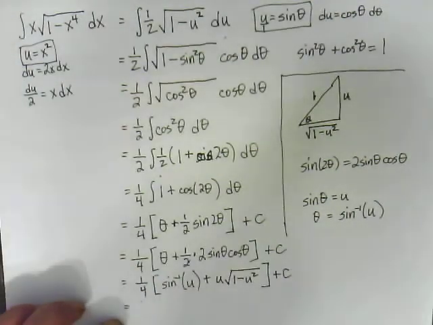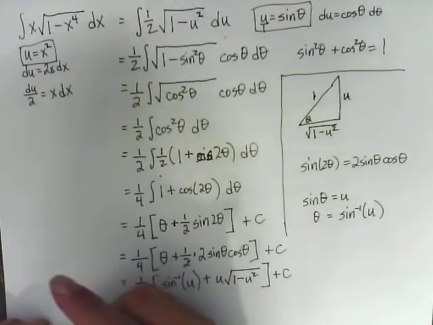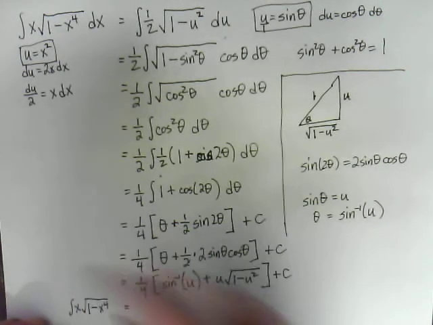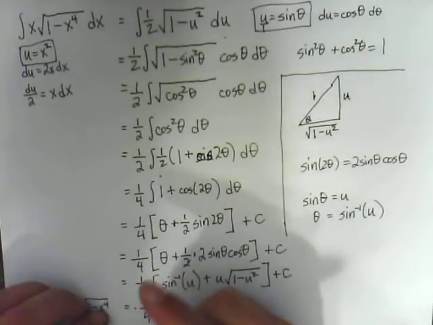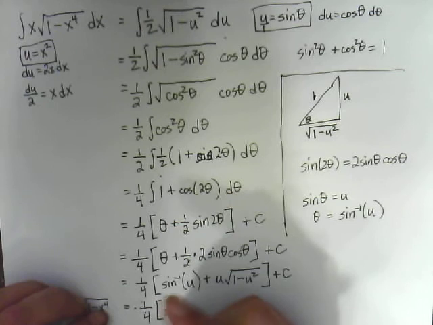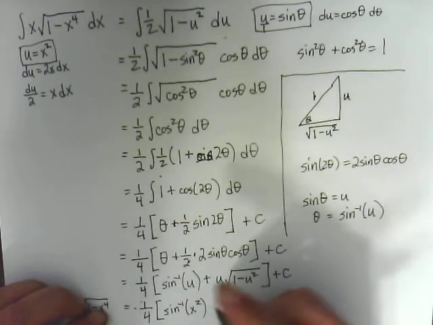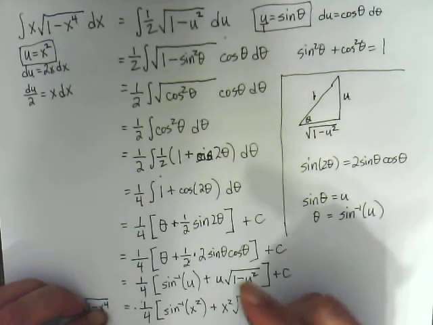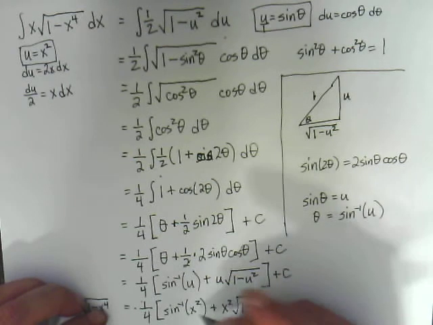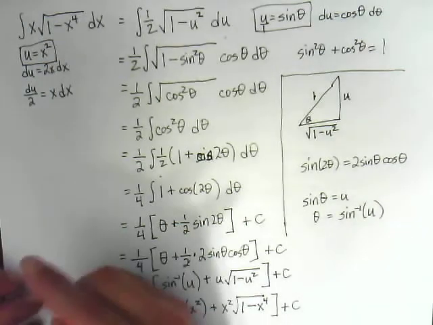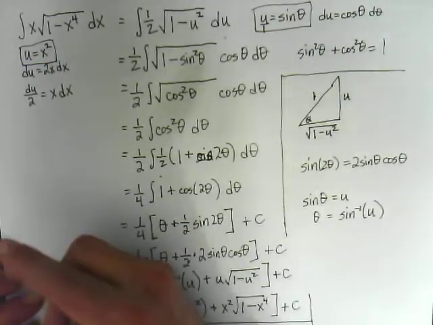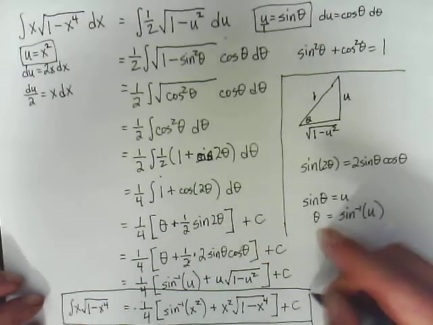So the final substitution: the integral of x times the square root of 1 minus x to the 4th is 1/4 times the inverse sine of x squared plus, u is x squared, times the square root of 1 minus x squared squared, which is x to the 4th, plus a constant. And that's a really nasty guy, huh? That's probably about as hard as you're going to get in trig sub, maybe. Here's your final answer.